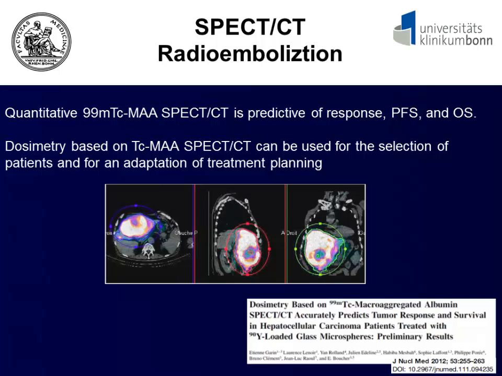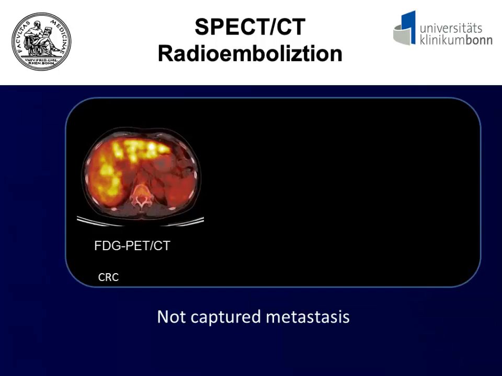You can also use it for dosimetry prior to therapy. Dosimetry based on technetium MAA SPECT CT can be used for the selection of patients and for adapting treatment planning. It is a publication from Etienne Garin from France. You can also find with SPECT CT some parts of the liver which you cannot capture.